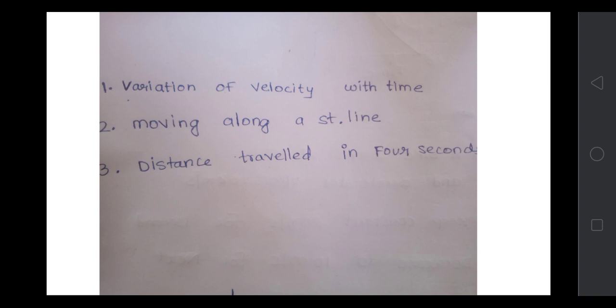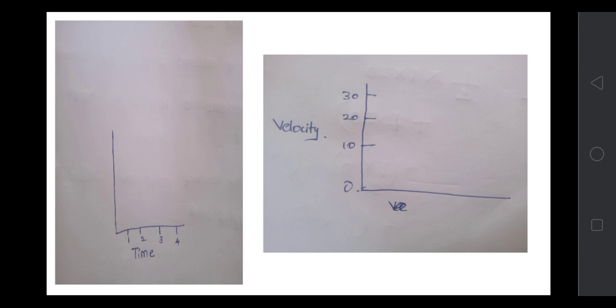Variation of velocity with time, moving along a straight line, and we have to find the distance traveled in 4 seconds. So first, the graph: they plot time along the x-axis and velocity along the y-axis, velocity in meter per second and time in seconds.